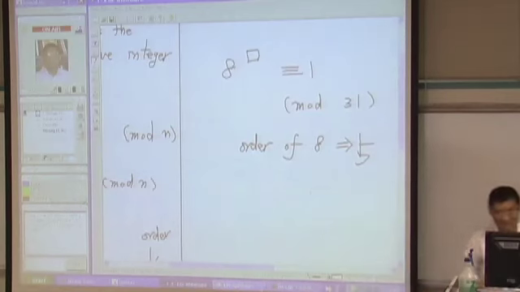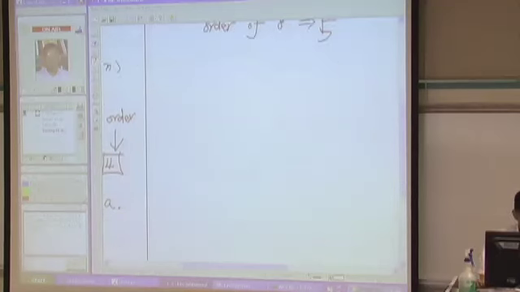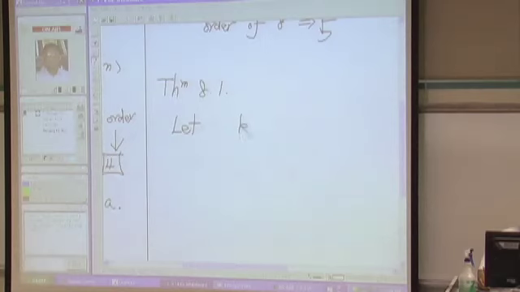Then the next thing is a theorem, and the theorem is this. Theorem 8.1. Let K be the order of A mod n.